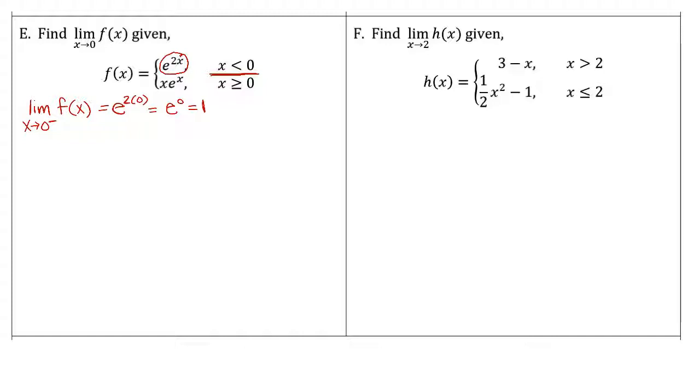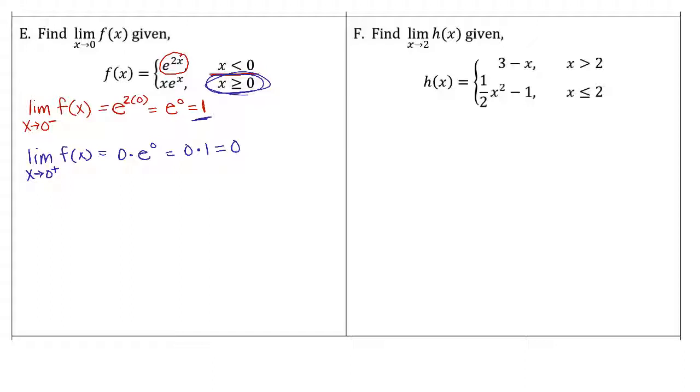Now let's look at from the other direction. We have the limit as x approaches 0 from the right of our function. And so that means I need this portion down here. And so when I plug in, I have 0 times e to the 0 power. Well, that's going to be 0 times 1, which is 0. Uh-oh.